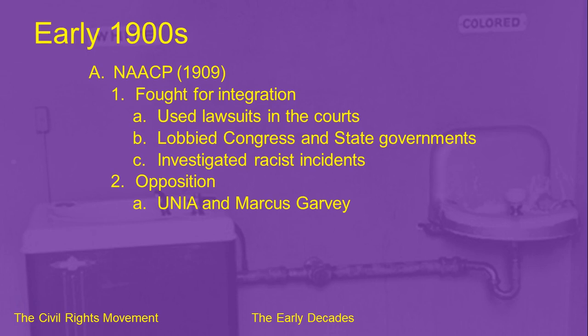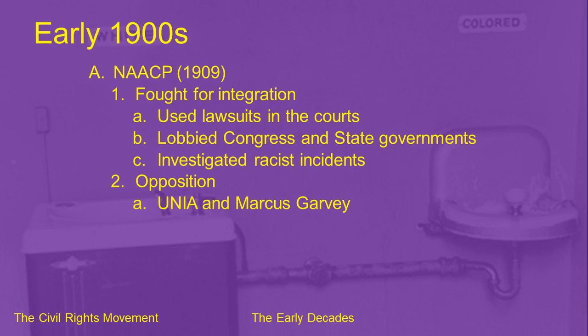There were large numbers of African Americans who didn't feel that the NAACP fought for them. If you want to think of it this way, the NAACP was for the more upper class, more well-to-do African Americans. UNIA billed itself as an organization for the common, ordinary African Americans.